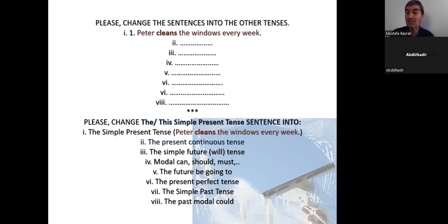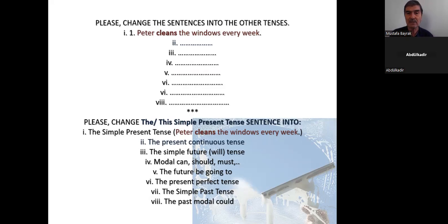Okay. Now, present perfect tense, that we have just learned, up to now. The present perfect tense. For example, Peter has cleaned the windows, okay?